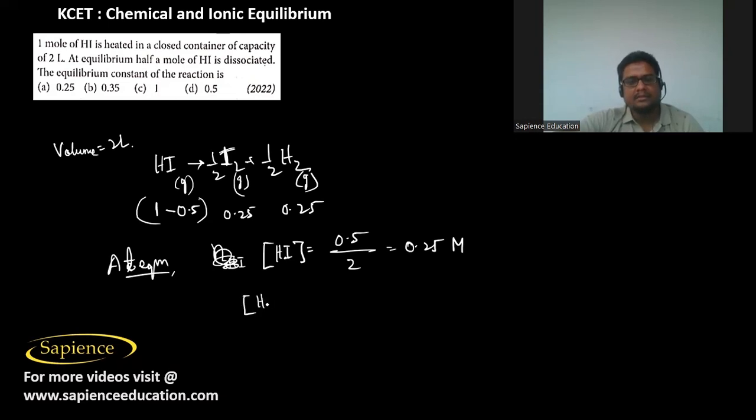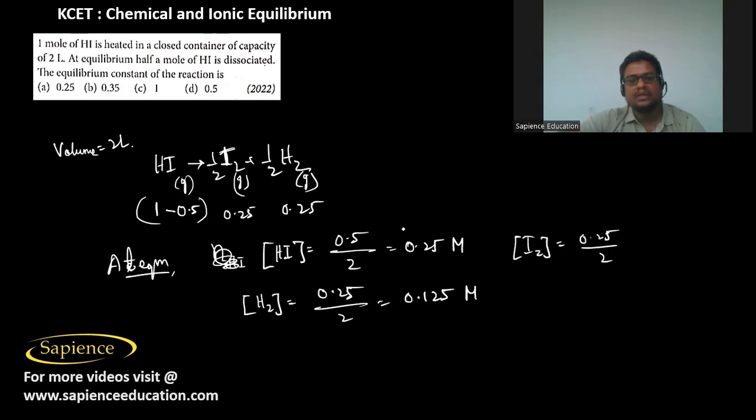And similarly, the concentration of H2 will be equal to 0.25 divided by 2, that is 0.125 molar. Similarly, the concentration of I2 will also be 0.25 divided by 2 liters, that is 0.125 molar.